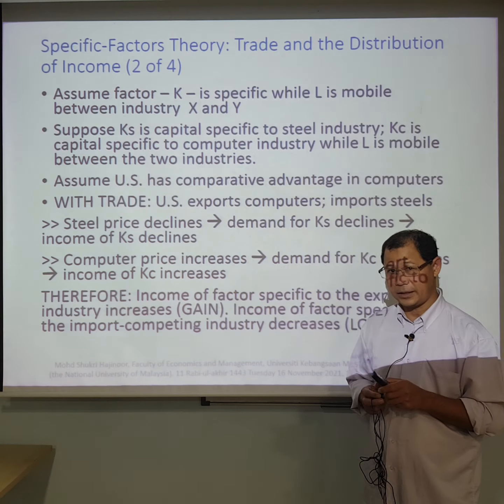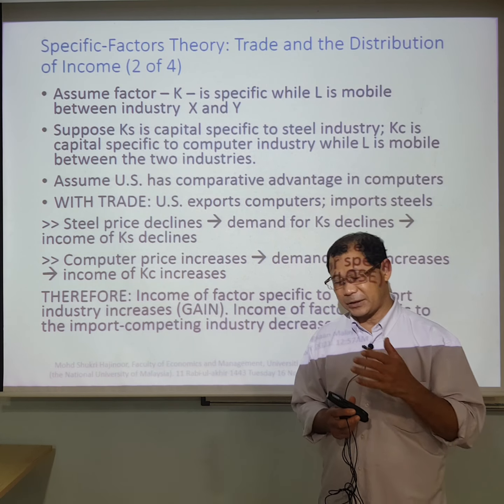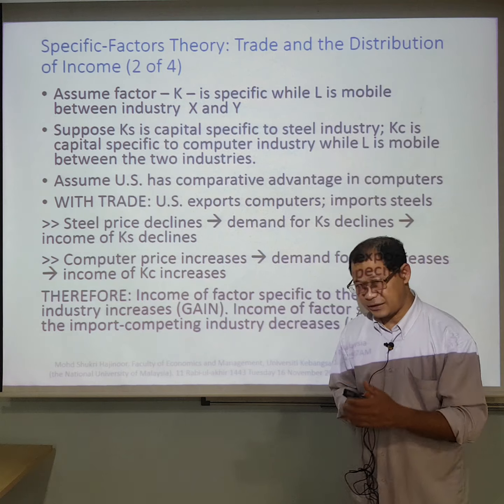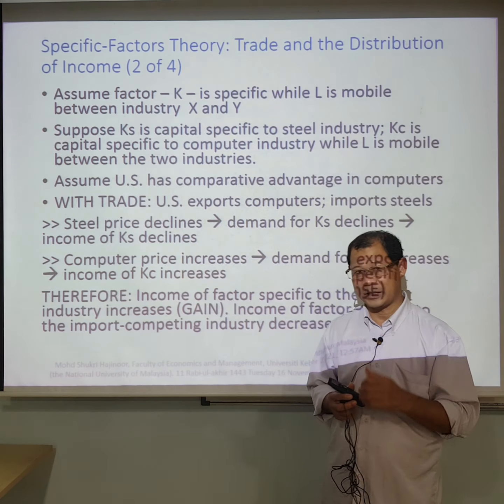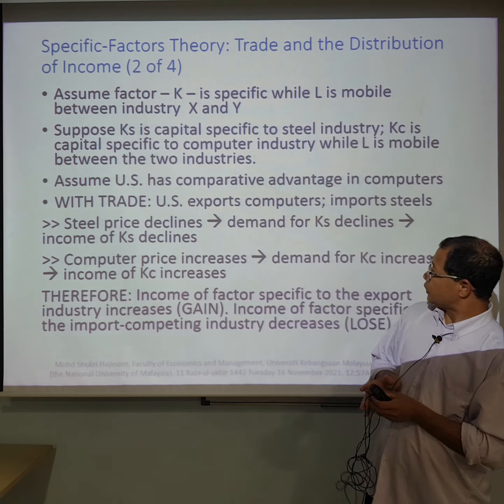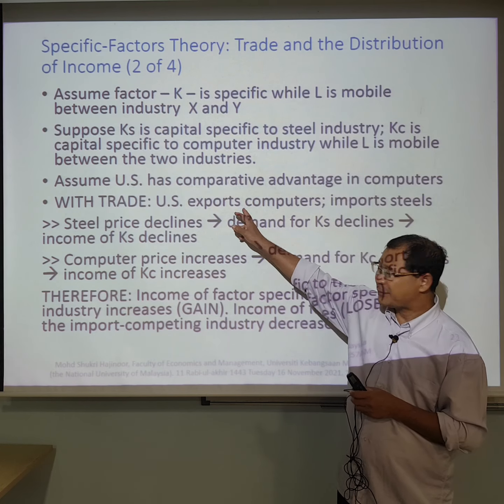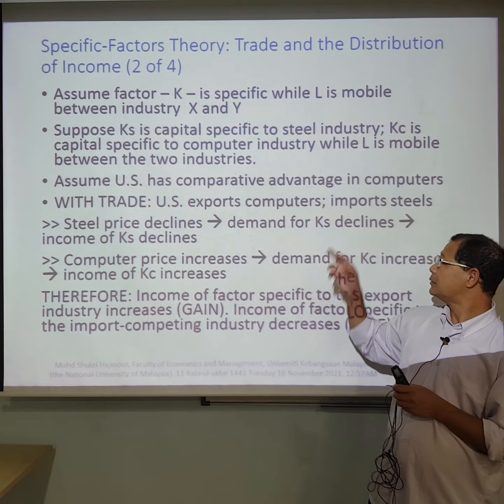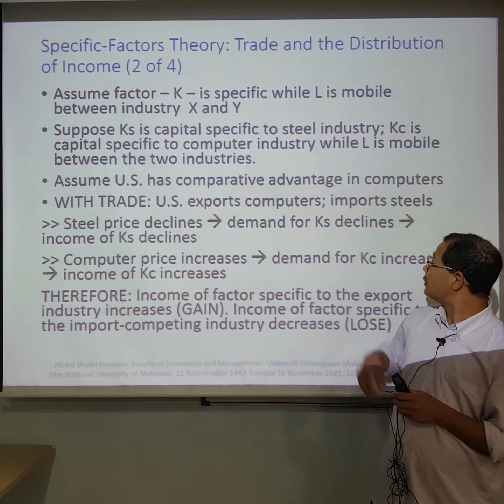So now we trade according to specialization based on comparative advantage, based on Heckscher-Ohlin. So the US exports computers and imports steel.